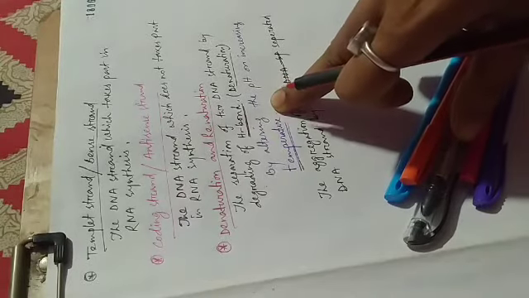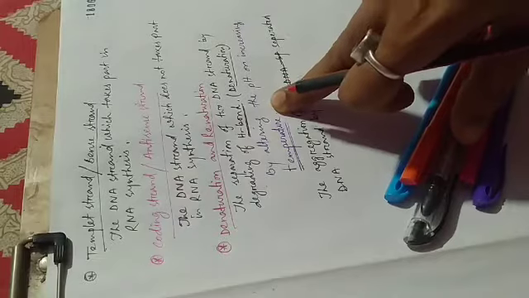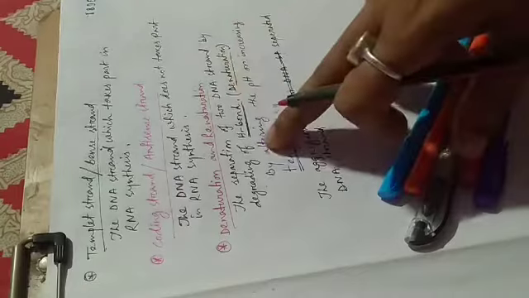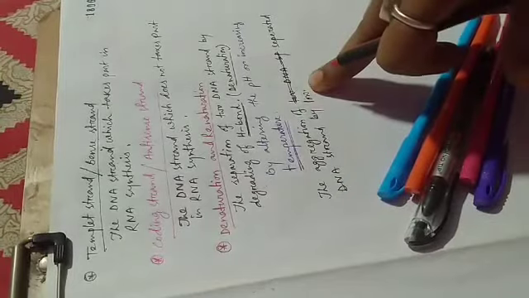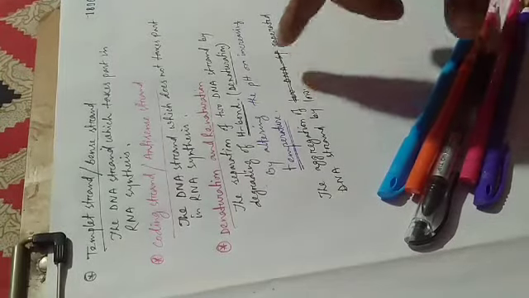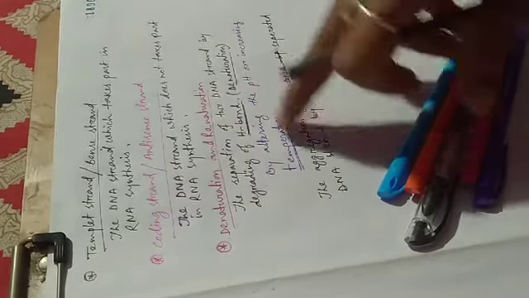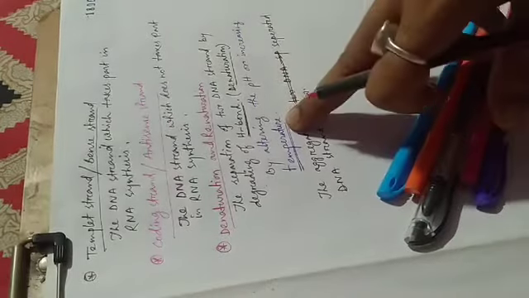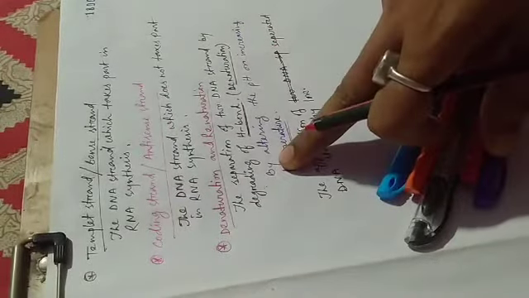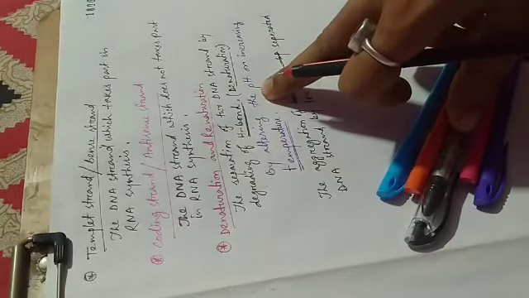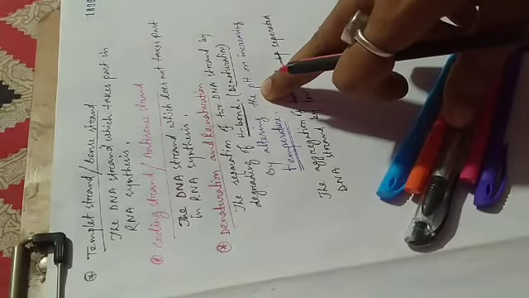The separation of two DNA strands by breaking of hydrogen bonds is called denaturation, and the rejoining of separated DNA strands is called renaturation. When will renaturation occur? If we decrease the temperature or change the pH of the medium back to the normal state, then the separated DNA strands get attached. It is called renaturation.